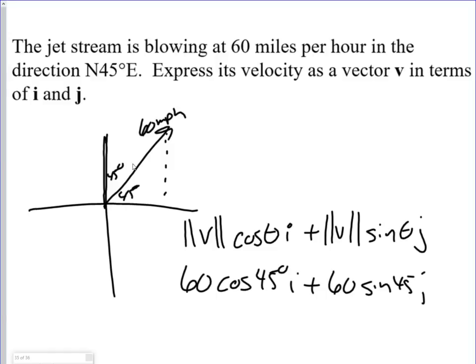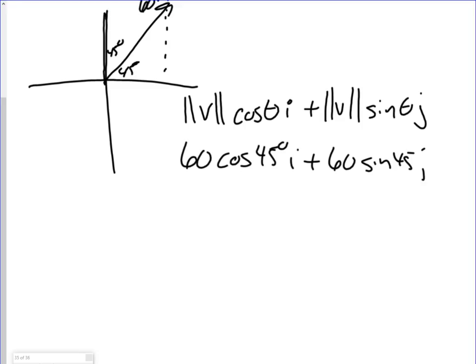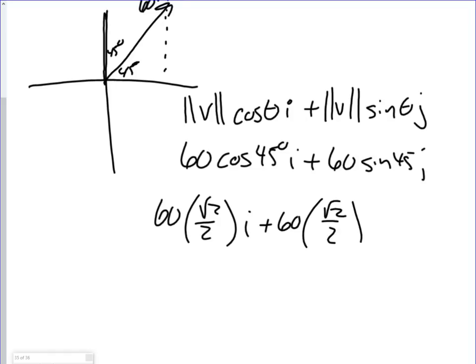No, we're not done. What's the cosine of 45? Square root of 2 over 2. Radical 2 over 2 i. Well, 60 times that j. What is that, 30 radical 2?